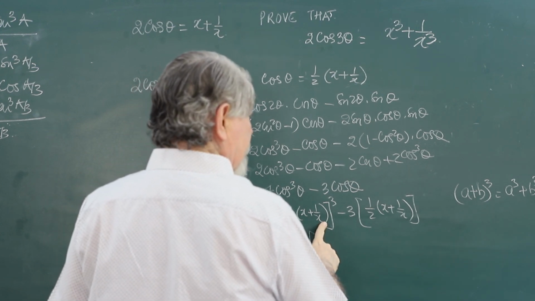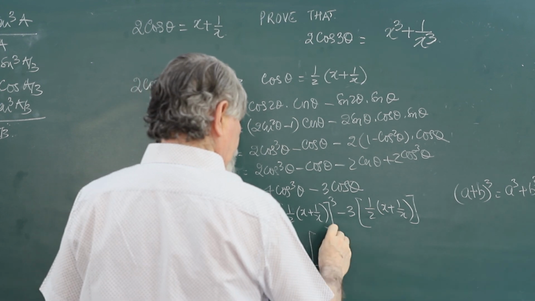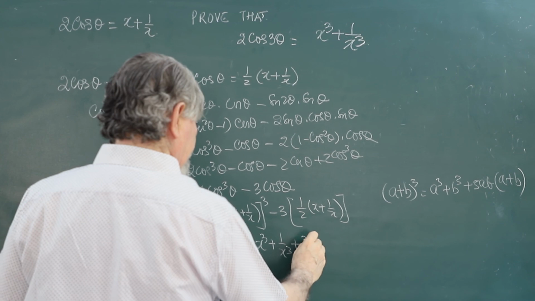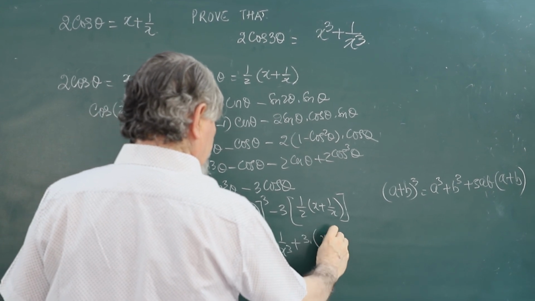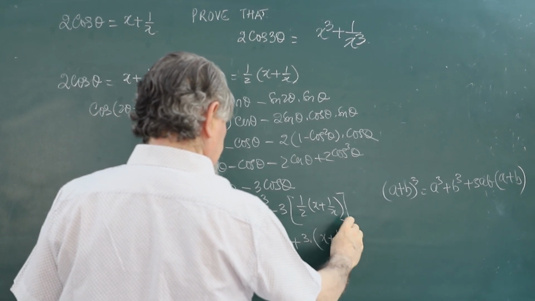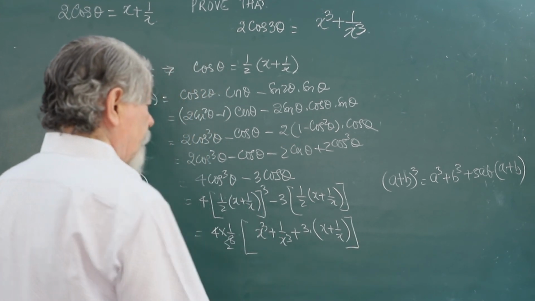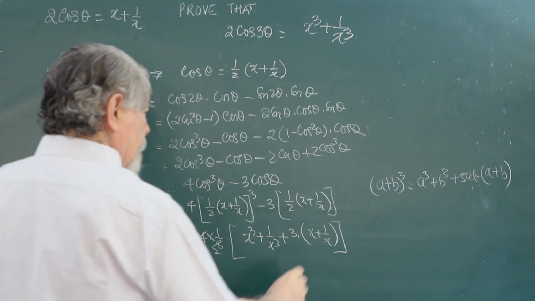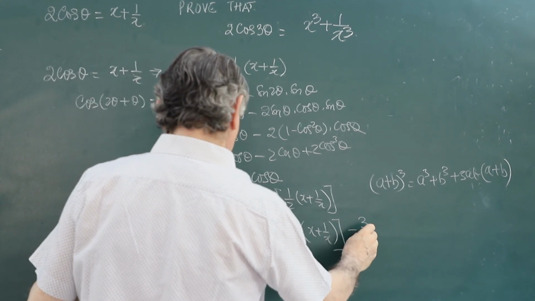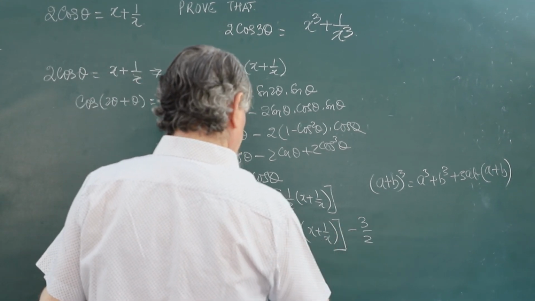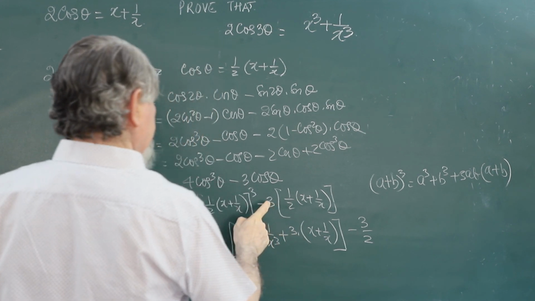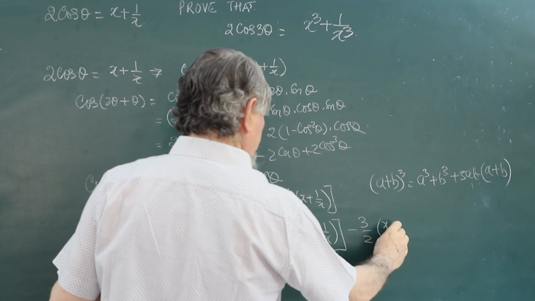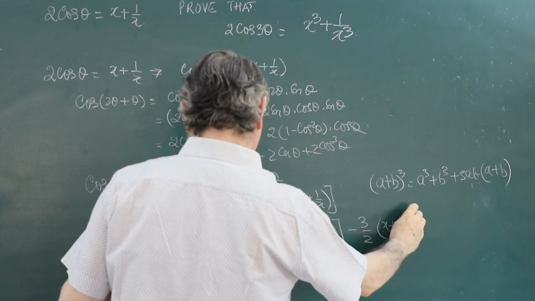Inside I will get a cube, that is x cube plus 1 upon x cube, plus 3 into x plus 1 upon x, because a is x and b is 1 upon x. Minus 3 upon 2, because the cos theta value is this, so 3 upon 2 into x plus 1 upon x.